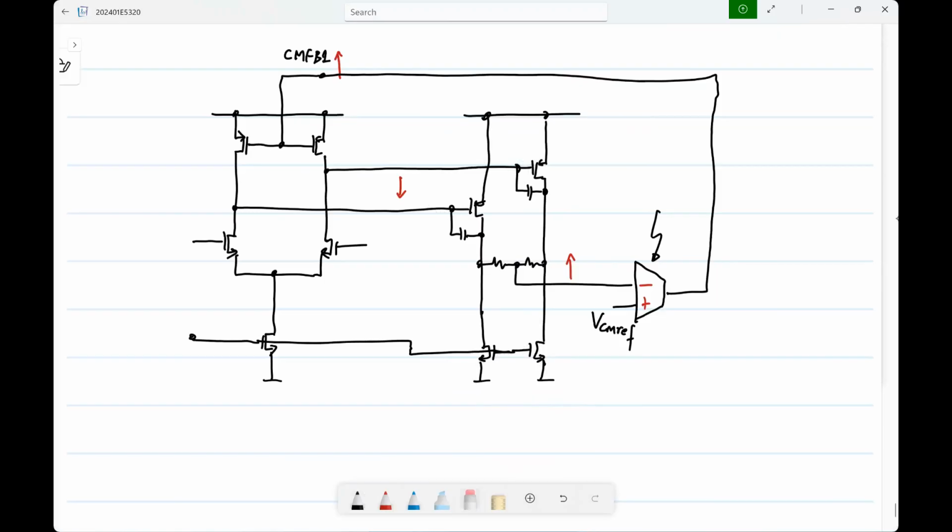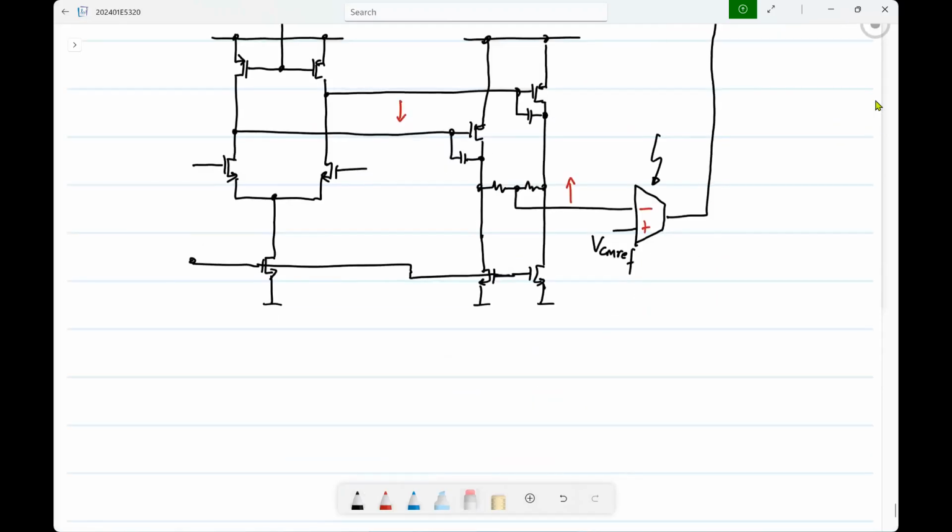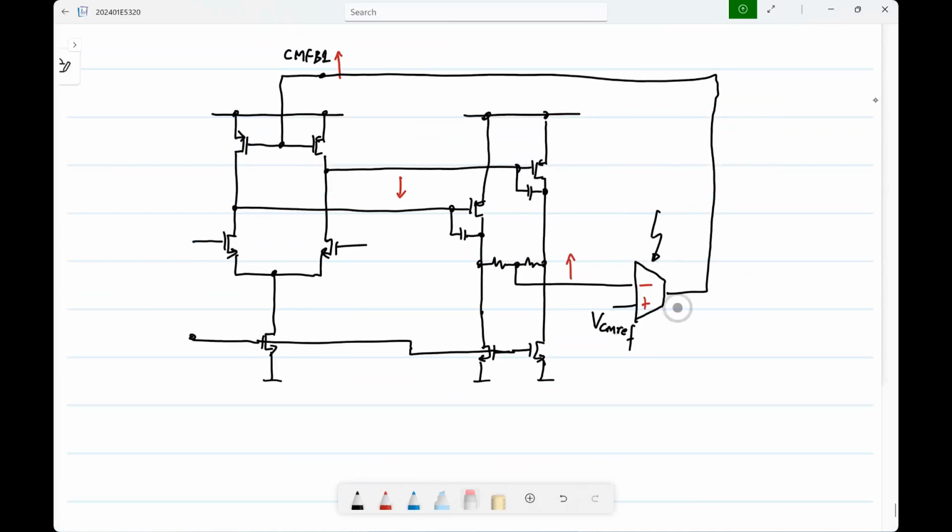So, now what kind of an amplifier would we use here? What kind of an amplifier would we use here? So, let us see.